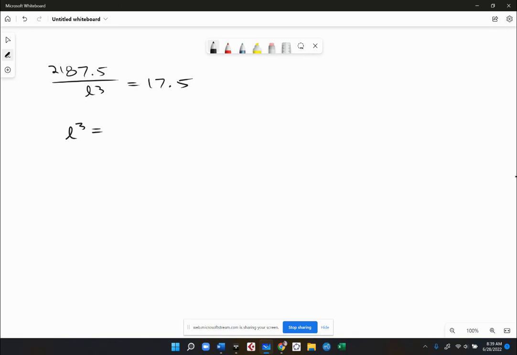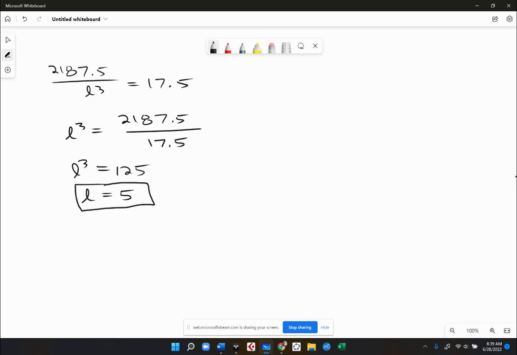If 2187.5 over L cubed is 17.5, that means that L cubed is 2187.5 over 17.5. That's just a little kind of cross multiplication trickery that comes in handy when you have a relationship between three quantities. So that's 125, which means that L is 5. Yay! All right, hard part's over.